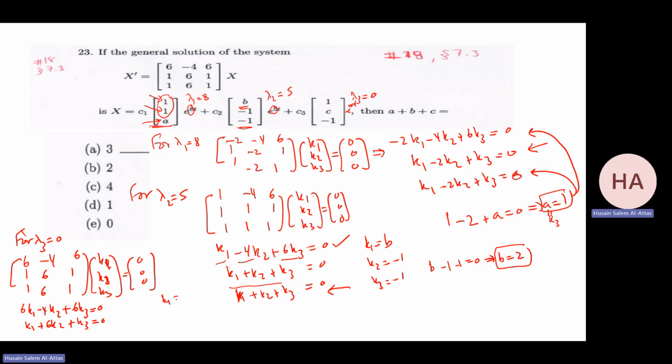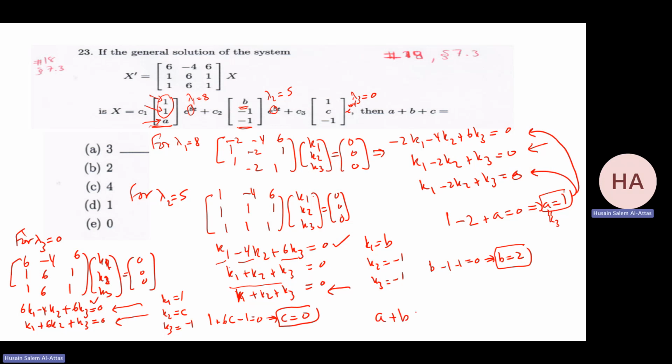So I have k1 equal 1, k2 equal c, k3 equal minus 1. In the last one I'm getting 1 plus 6c minus 1 equals 0. Very clear, c equals 0. Like this, we have 6, 0, minus 6, 0. So it's correct. So c equals 0 without solving anything.